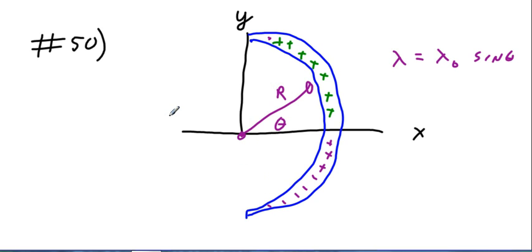So what that means is that my field is going to be symmetric, which means that in the y direction I have no field, because whatever I have in the y direction from one guy is going to be canceled out from the guy below, and the only field I'm going to have is going to be in the x direction.